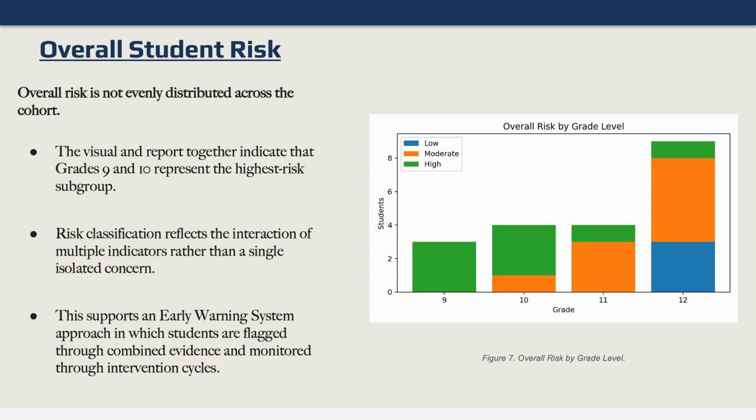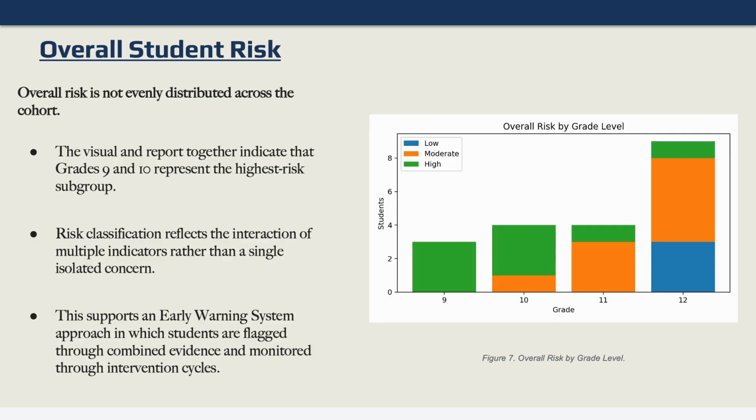The overall student risk in this data analysis is not evenly distributed. Here we see that students in grades 9 and 10 show the highest risk profiles, which is typically a trend in high school.